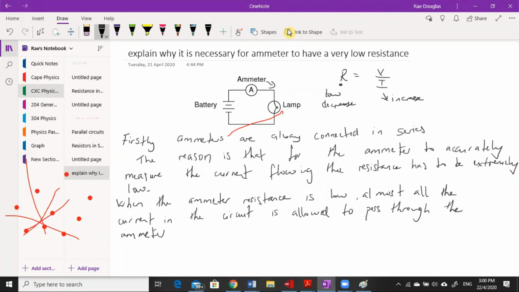But you want to bring it to a very low threshold so that it does not interfere too much with the current. So these devices, guys, are not so accurate. That's why when you're doing certain experiments, you have to take into account the errors that could throw off your reading. So that is what is happening.